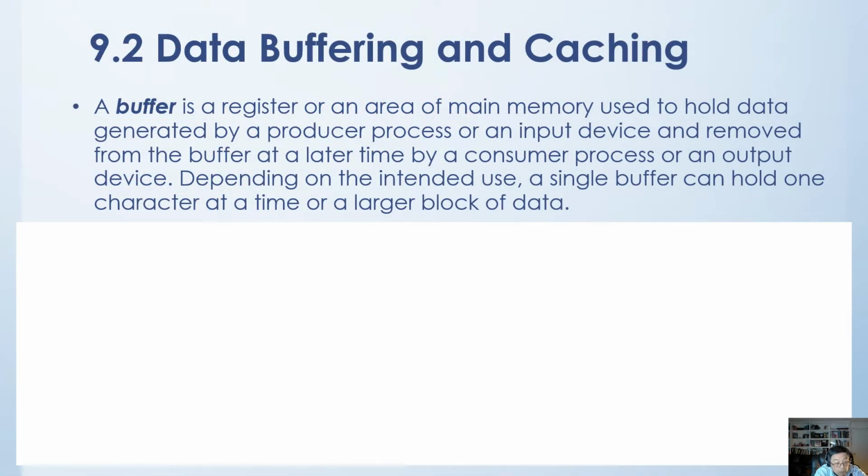Recall in section 9.1, we discussed programmed I/O, and in particular we used the example of programmed input, like with polling, with interrupt, or with DMA. Remember, we used the device controller to perform these I/O operations.